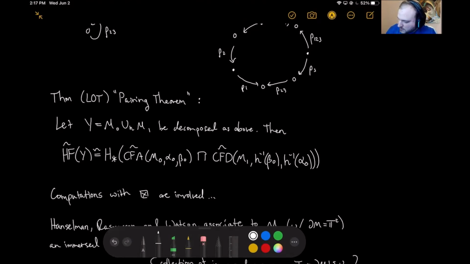And you take the box tensor product of this and the homology of that chain complex.